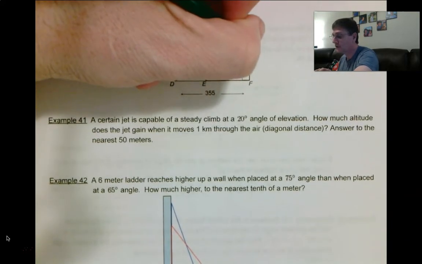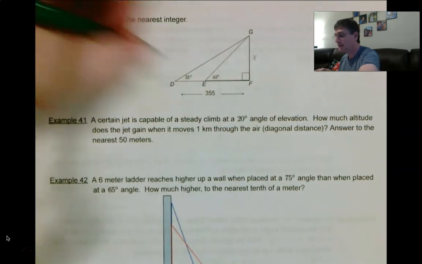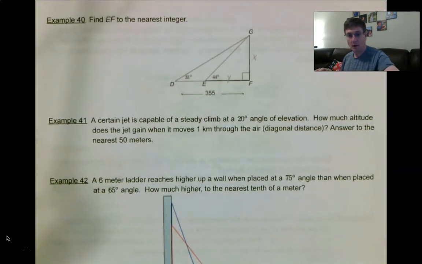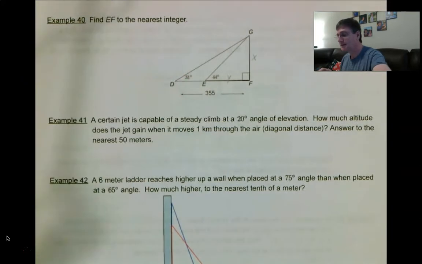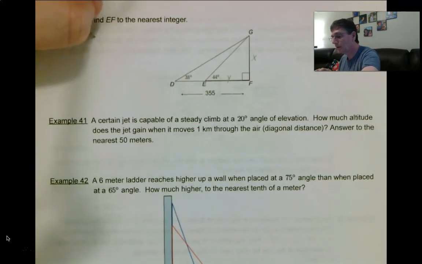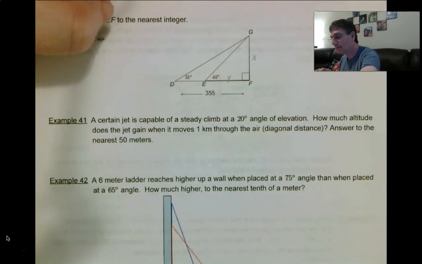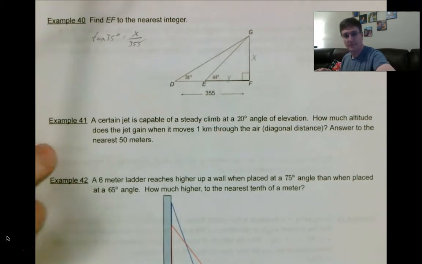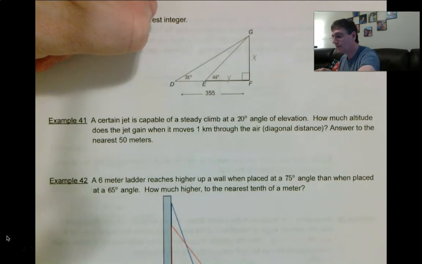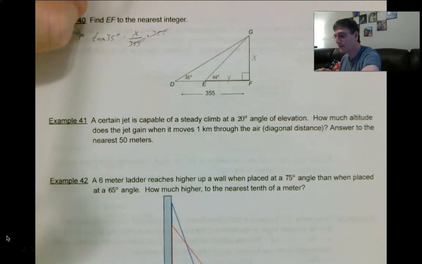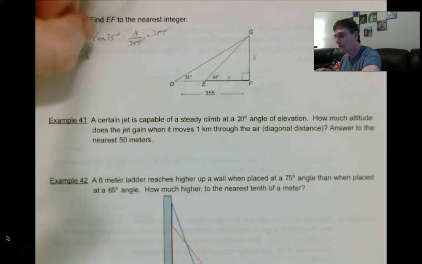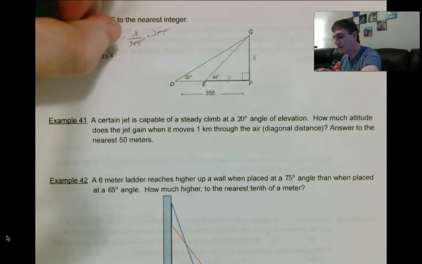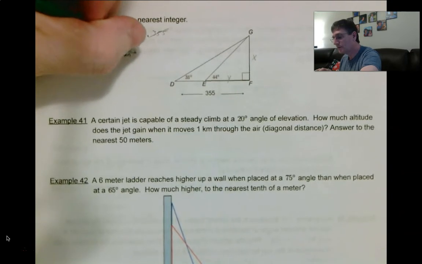Find GF, call it X, and we're going to call EF Y. So to find X, we're going to go tangent of 35 degrees equals x over 355. Multiply both sides by 355. X equals 355 tangent 35.